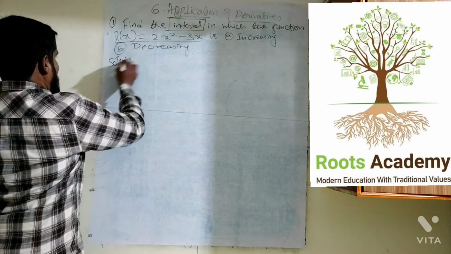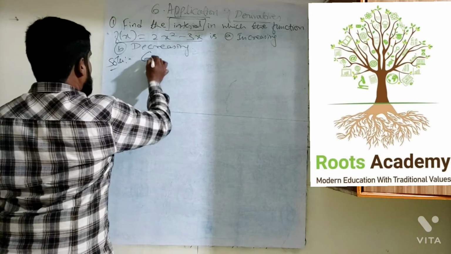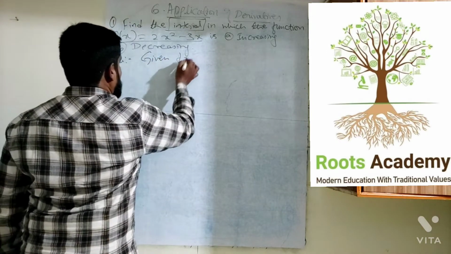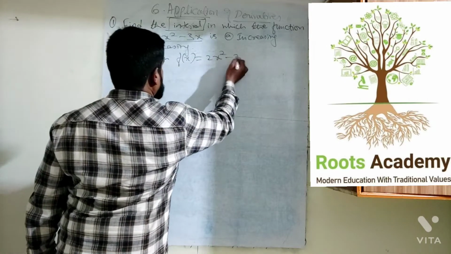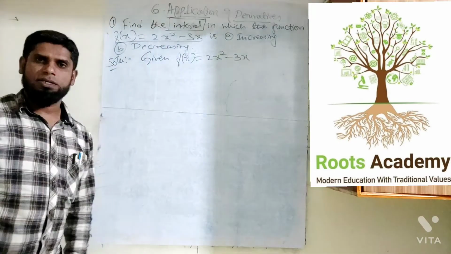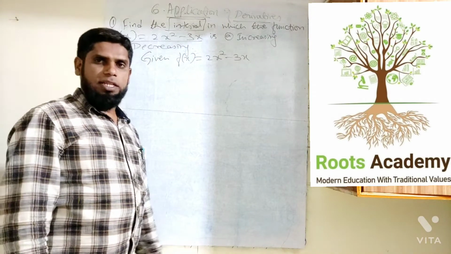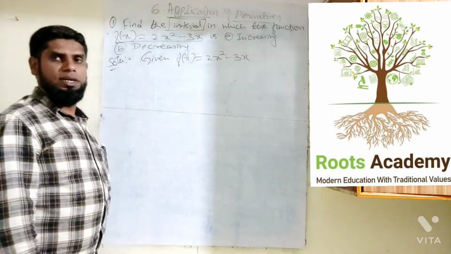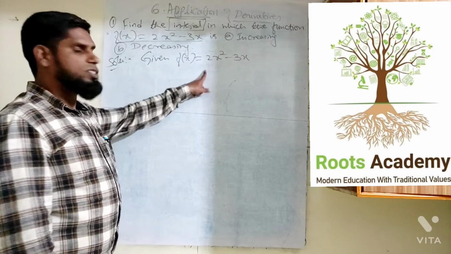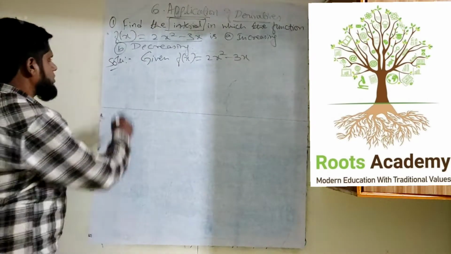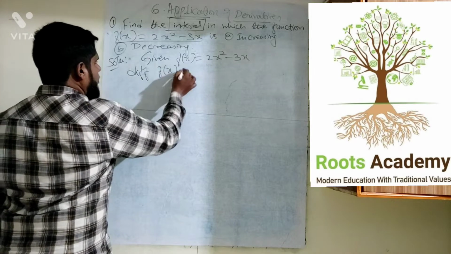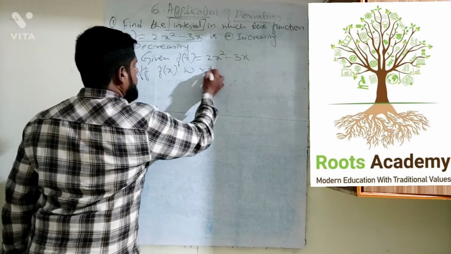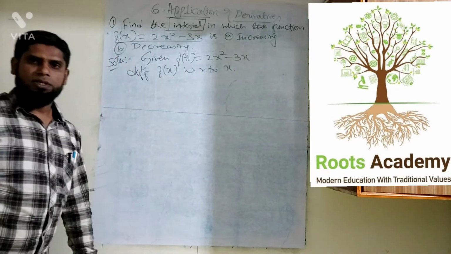Solution: given f of x is equal to 2x square minus 3x. So in this concept, we must differentiate the function with respect to x. So differentiate f of x with respect to x.